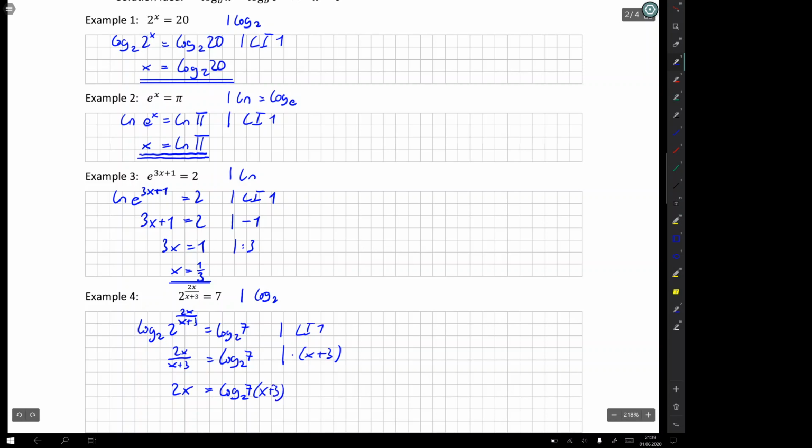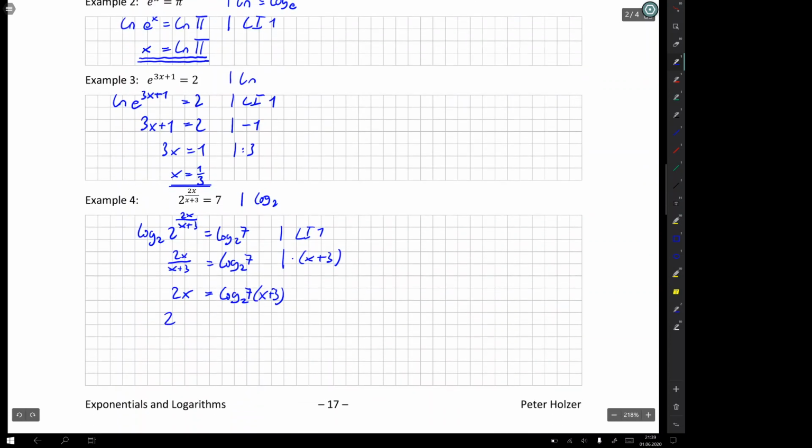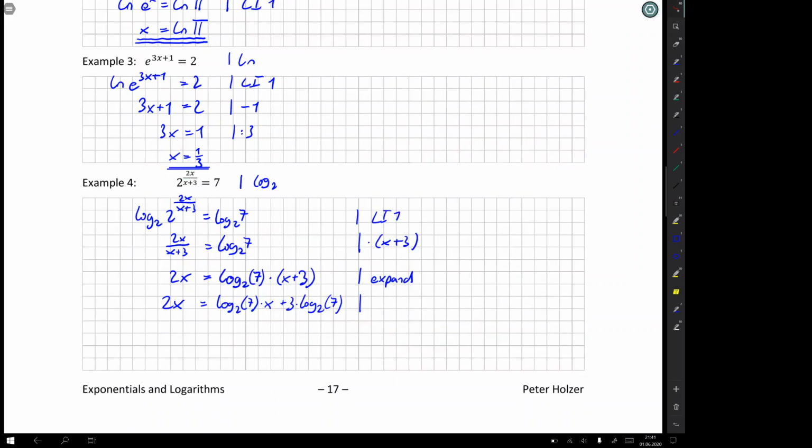Next thing, we expand. So we get 2x equals logarithm of 7 in base 2 times x. Maybe we could make here the brackets just to make it very clear that it's only logarithm of 7. And now, remembering again, this is just a number, so we have to get all the x's on one side.